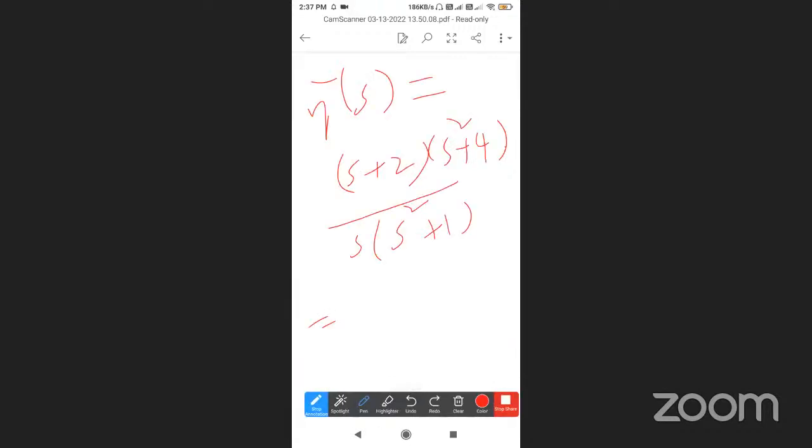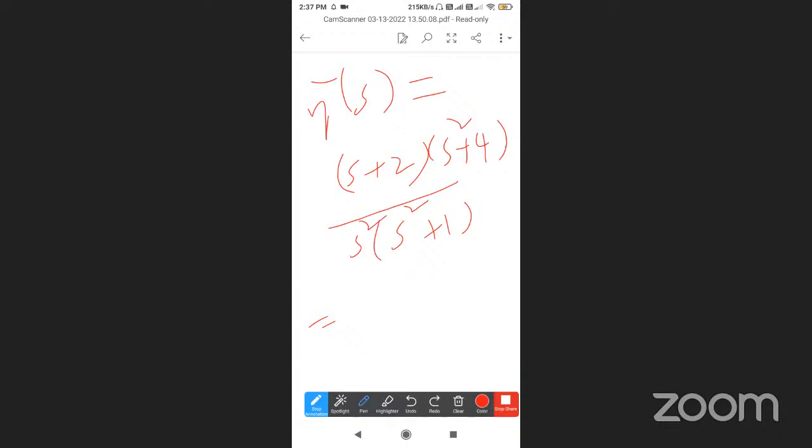So y bar of s is equal to s plus 2 by s square plus 4 by s into s square, numerator s square into s square plus 1. We have the partial fractions.